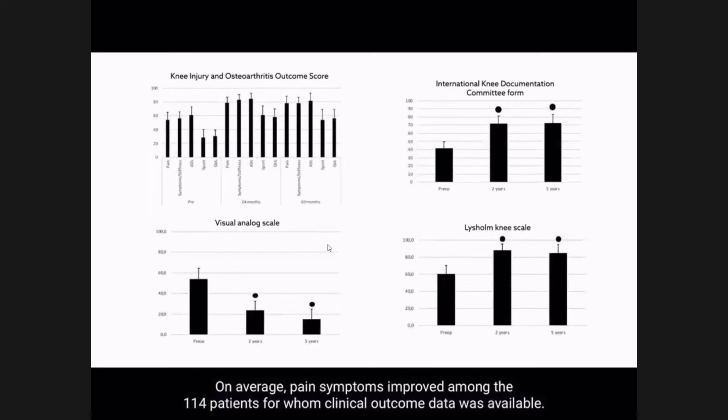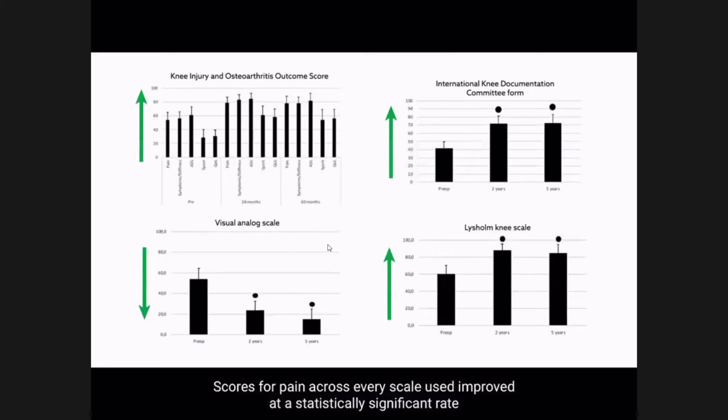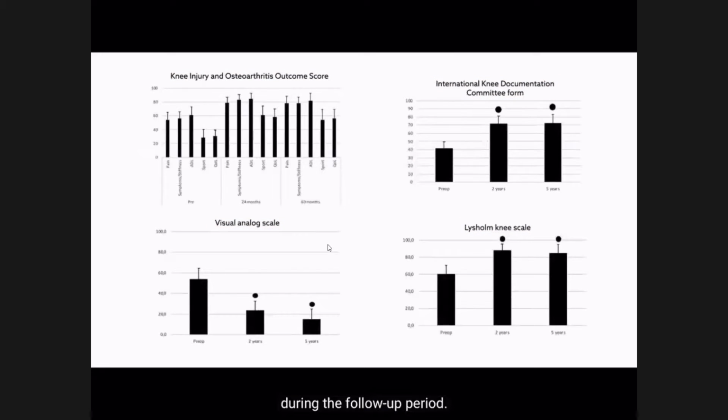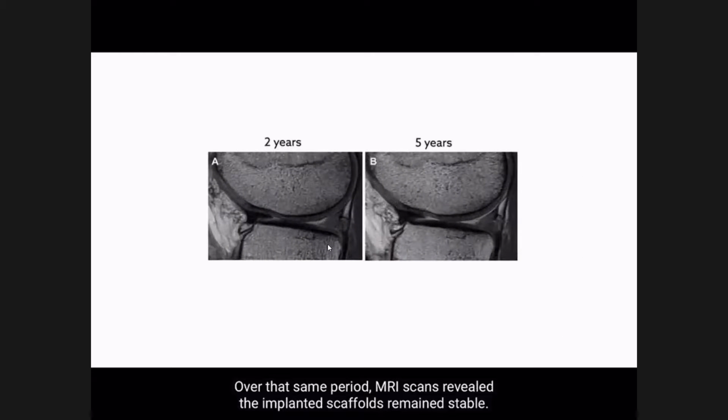On average, pain symptoms improved among the 114 patients for whom clinical outcome data was available. Scores for pain across every scale used improved at a statistically significant rate during the follow-up period. Over that same period, MRI scans revealed the implanted scaffolds remained stable.